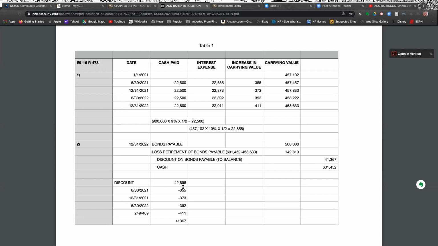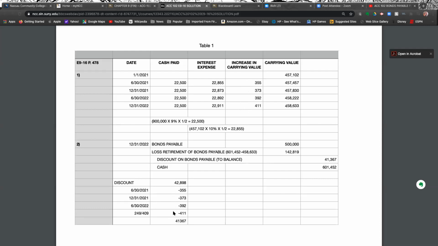Well, the beginning balance on January 1st, 2021 was 42,898. And then every time I calculated one of these numbers in this column, those represented reductions in that account. Now, I didn't use debits and credits here. All I really wanted to show you is that this 42,898 gradually gets reduced.